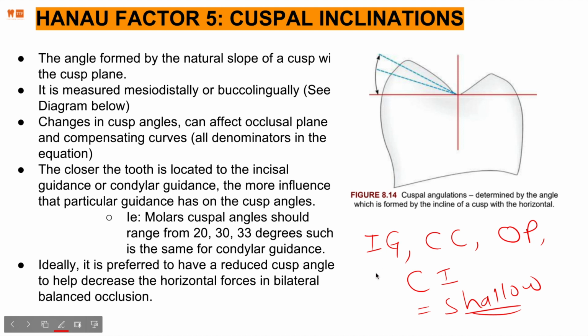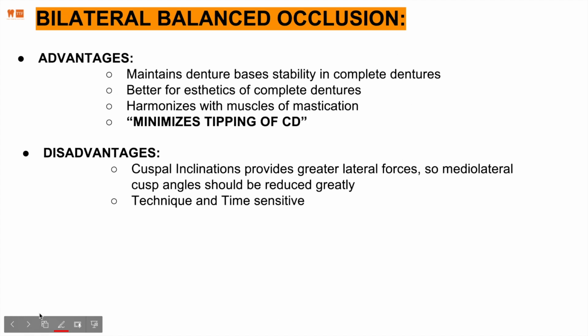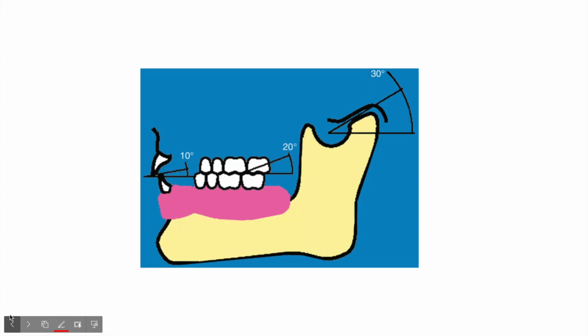Because when we're moving in a forward and a downward movement, or a left to a right movement, we want decreased horizontal forces affecting our denture base to help with balanced occlusion. Okay, let's take a look at the diagram so it's better understood that way.